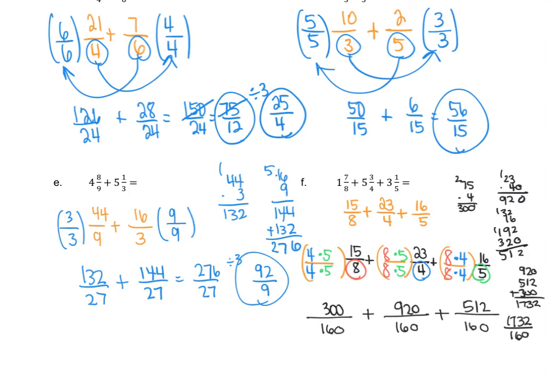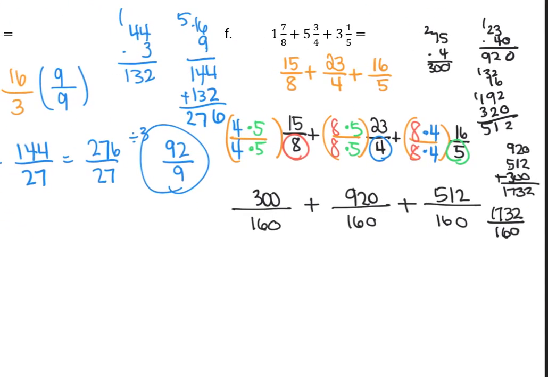All right, we need to simplify. 1732 plus 160, I think. I'm just going to double check my work here. All right.